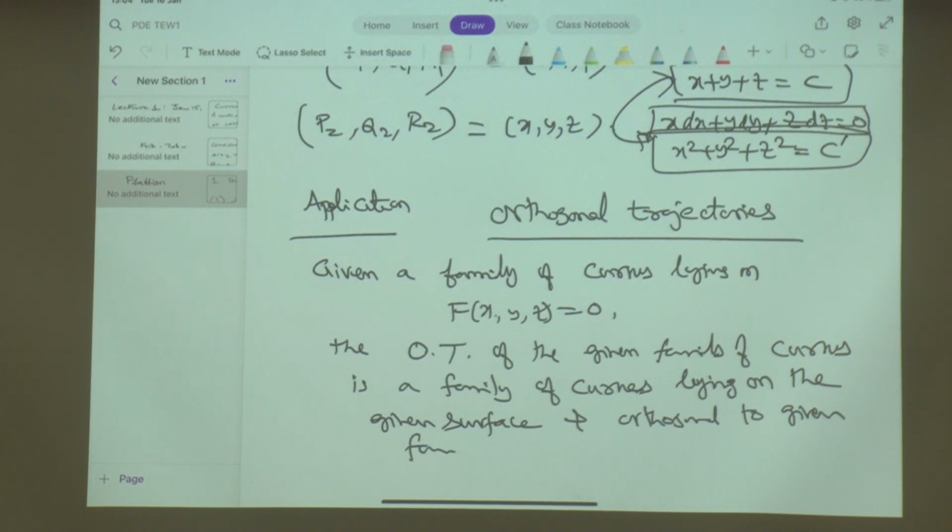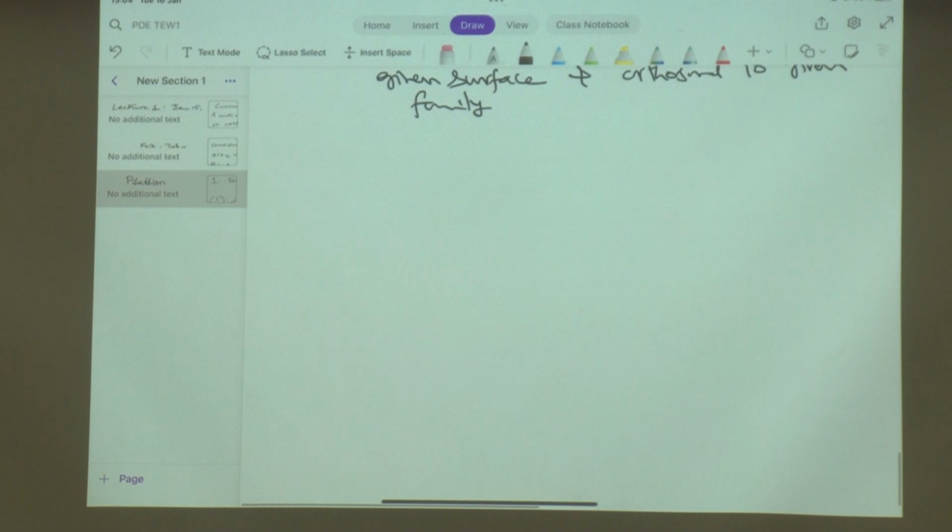We implement it exactly the same way. Orthogonal family means we have to change that slope to minus 1 by a, so the product is minus 1.